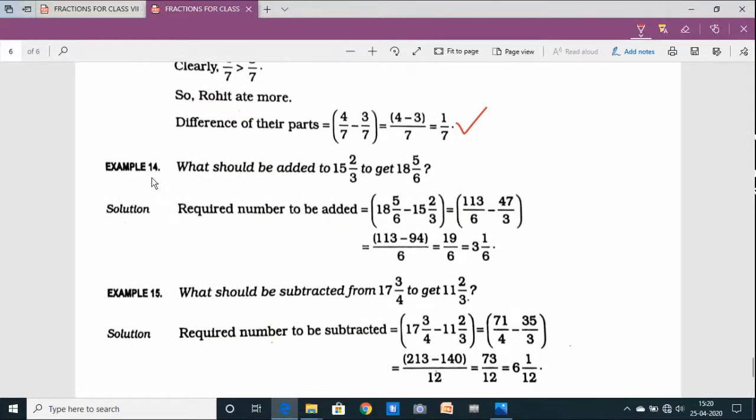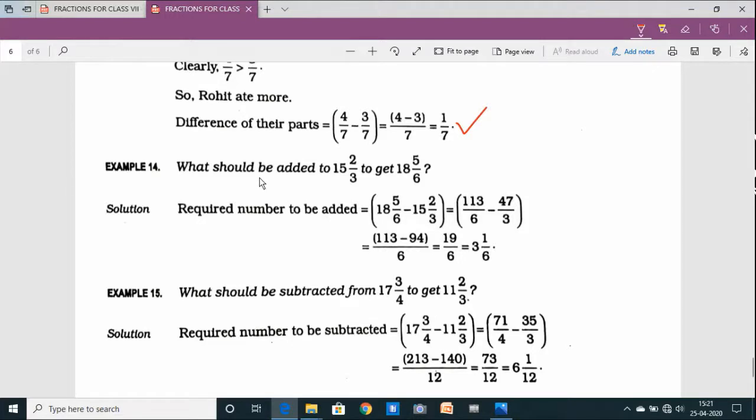In question number 14, what should be added to 15 whole 2 by 3 to get 18 whole 5 by 6? What should be added? The required number to be added is equal to 18 whole 5 by 6 minus 15 whole 2 by 3.